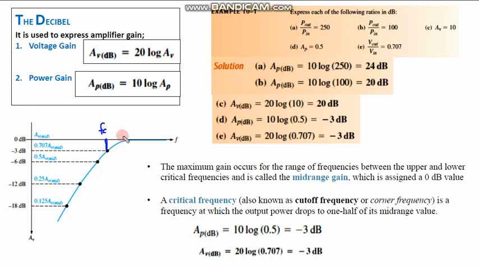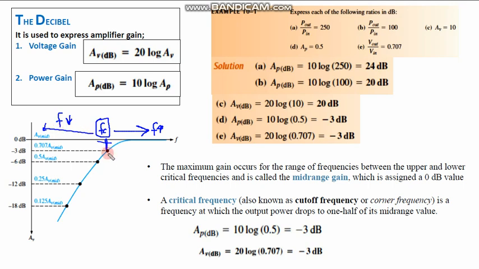This is an area where the frequency f increases, as seen on this axis, and this is the area where the frequency of the input signal decreases. This point is known as a threshold value or a corner value, and it differentiates between the high frequency and the low frequency.